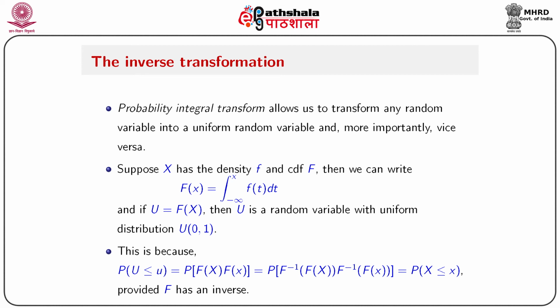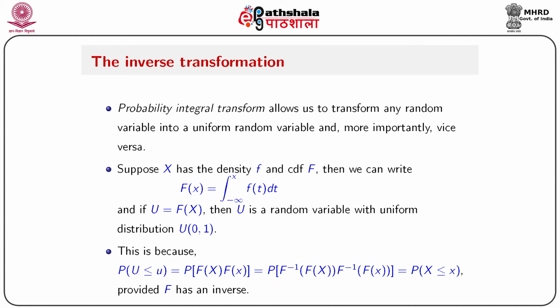Next we'll move to the inverse transformation method. That is the first method that we are going to learn for generating random variates from probability distributions, and it is a widely used method. Here the probability integral transform allows us to transform any random variable into a uniform random variable, and more importantly vice versa.